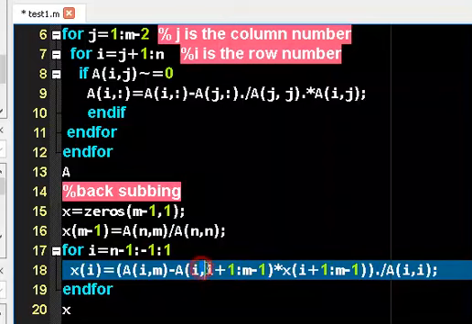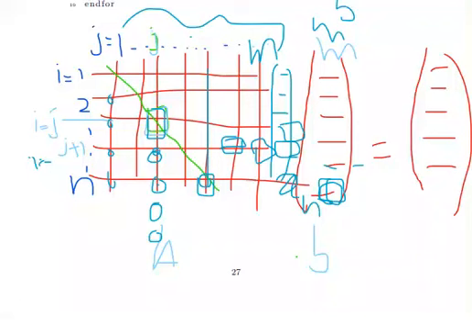Why is this i plus 1? Because at this position i equals j, you have the diagonal coefficient value here. So the next position is i plus 1, then i plus 2, up to m minus 1. Here this is the last one, m minus 1.